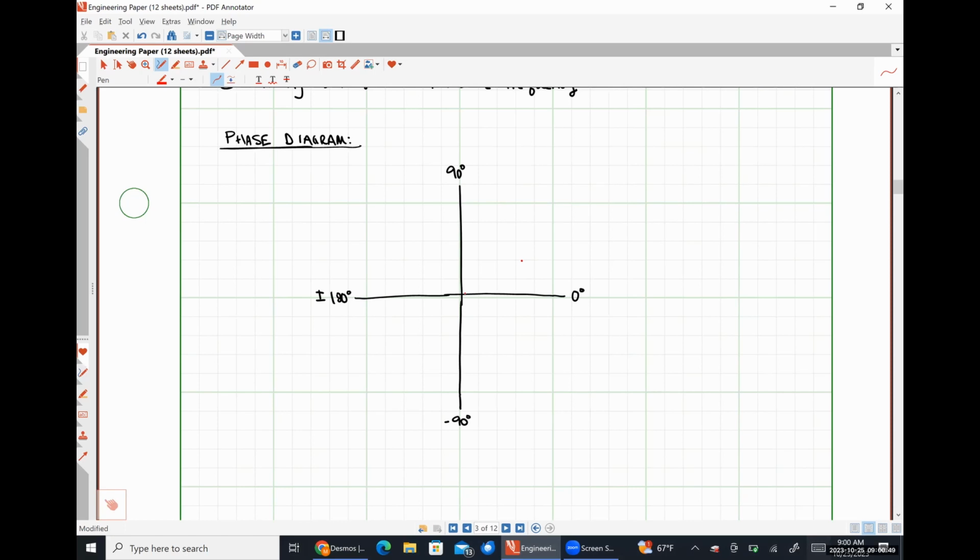So that would be something like this, right? So this is VA is equal to 8 cosine, actually, I think it was 10 cosine 8t.